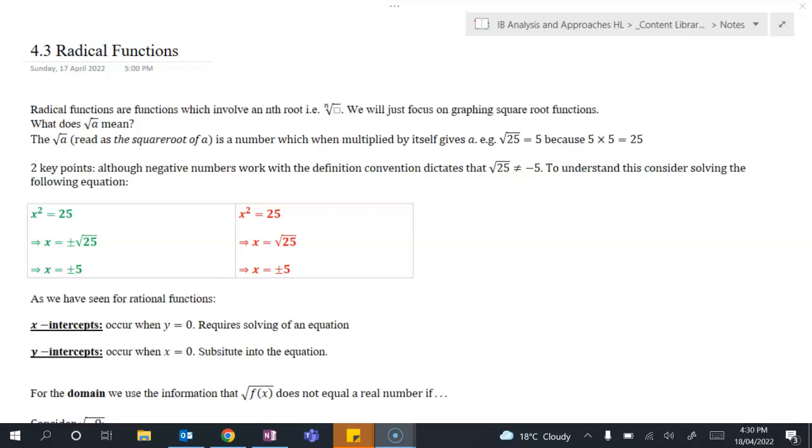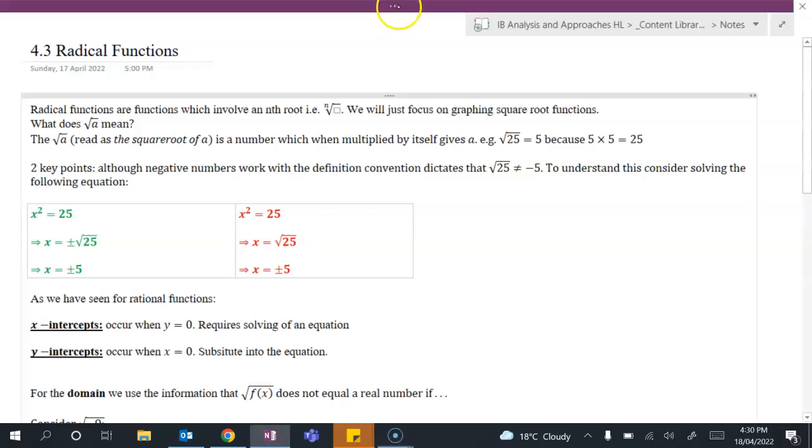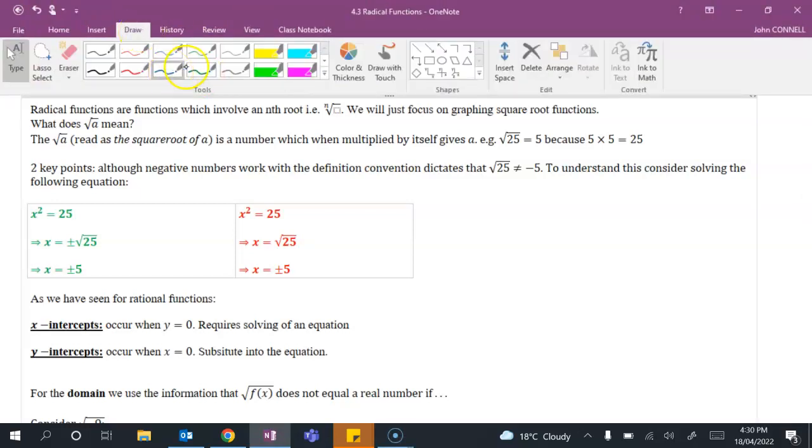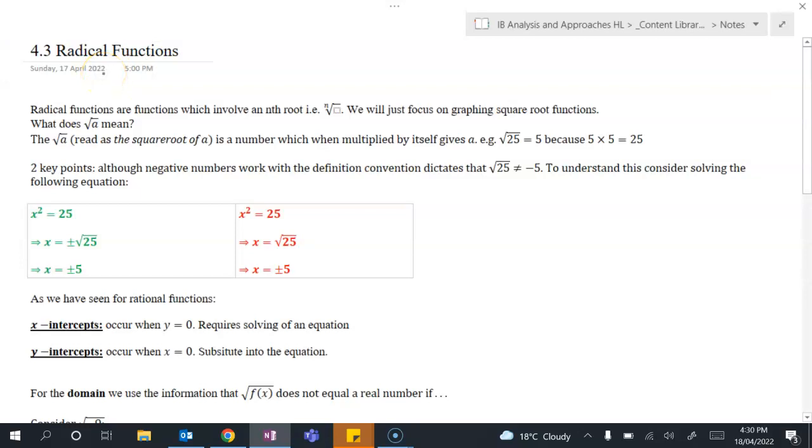Let's look at some equations that you would have solved last year and how you would have done that to emphasize this point. If, say, we look at the equation x squared equals 25, then when you solved that and took the square root of 25, you had plus or minus out the front. In other words, this plus or minus was external to the square root. It was outside the square root.